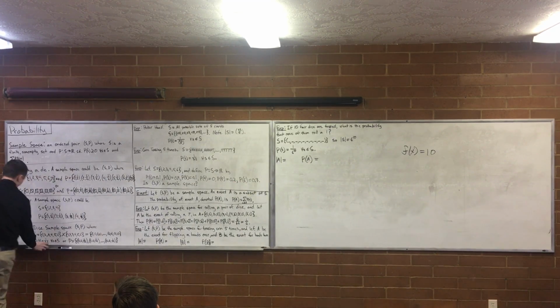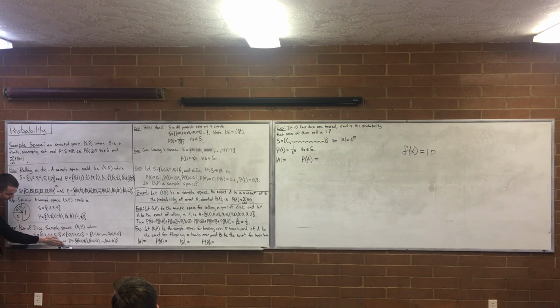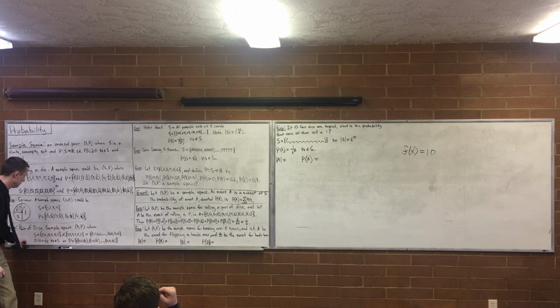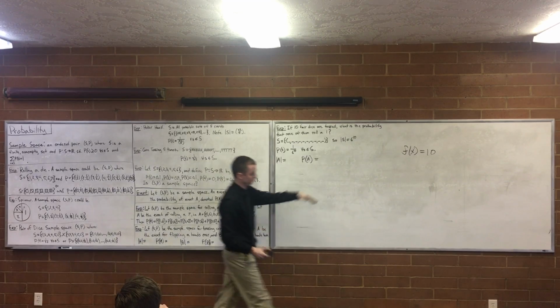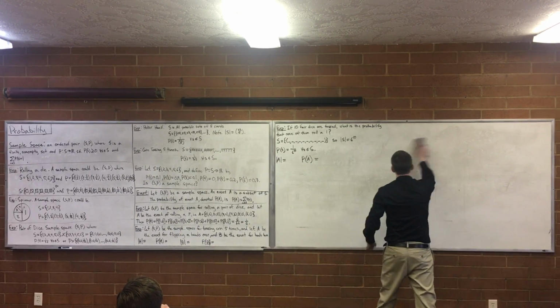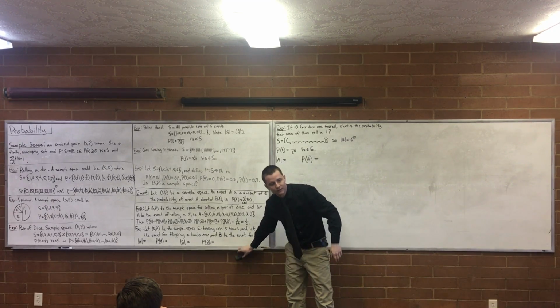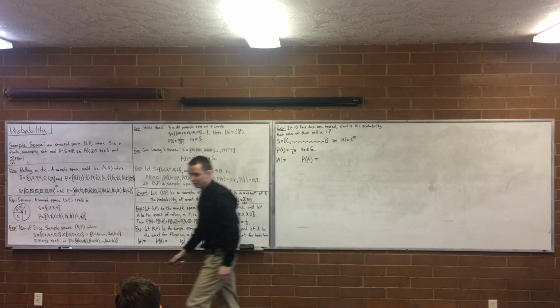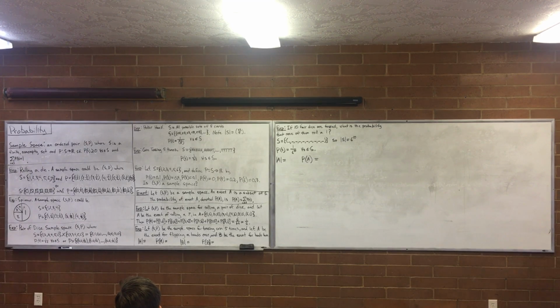P of s equals 1/36 means for any outcome you plug in there, the probability of it is 1 over 36. No matter what you plug in, the same way that if you were to graph this, it's just a constant, 10. So you're used to this notation already, you're seeing it in different contexts. Or you could write it out the other way if you want, which is very tedious but demonstrates understanding.